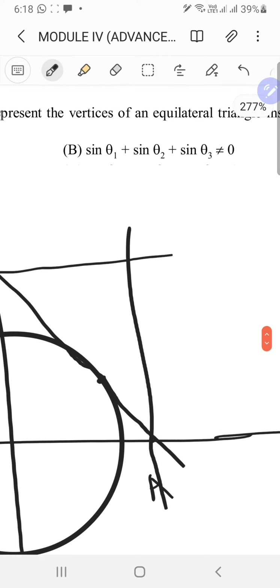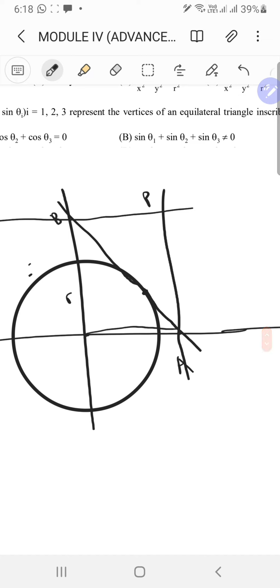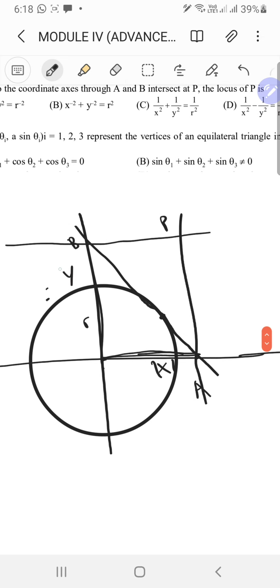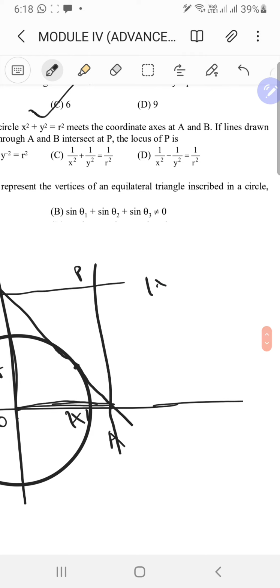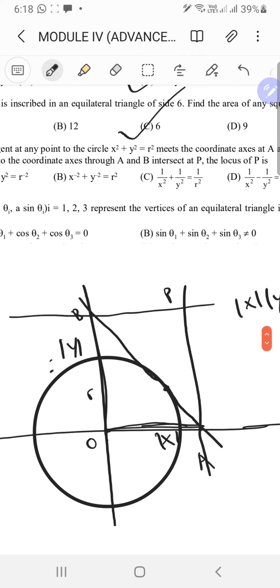Okay, just deal with this. So this point is P. Let's say this length, I don't think it should be length, this is X and this is Y, correct? Maybe I should say this is mod X and mod Y. That would be better. So the area of this complete rectangle OBPA is going to be mod X times mod Y. But this length AB is obviously square root of x squared plus y squared, and this length, which is perpendicular to this BA, is r.